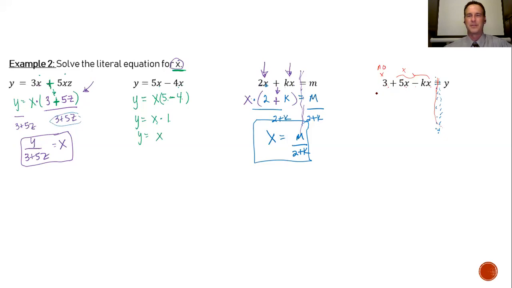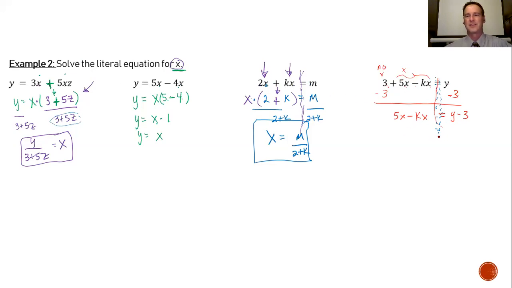How do I get rid of this positive 3? Well, let's just subtract it. All right, so I've got 5x minus kx equals, now y minus 3, you can't subtract those, so you just write y minus 3. And now you have a problem kind of like you had over here, okay?